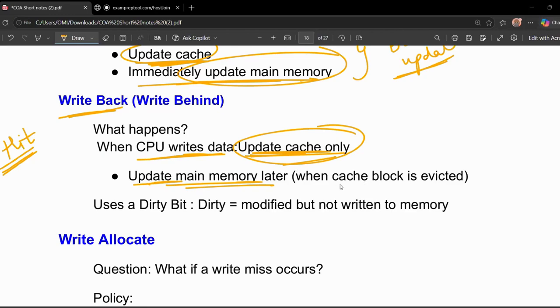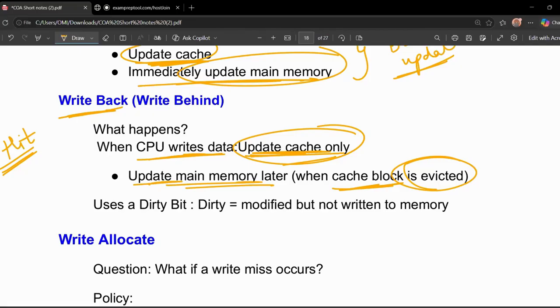You update the main memory when the cache block is evicted, that is, when the cache block is replaced by some other block and you have written something. So you must update the main memory, otherwise you will get problems.